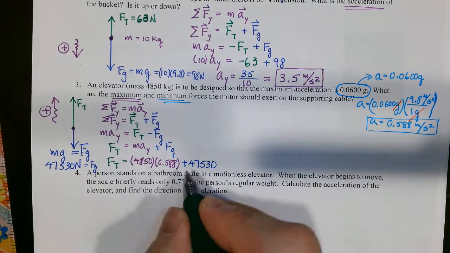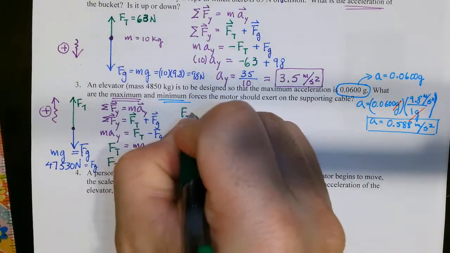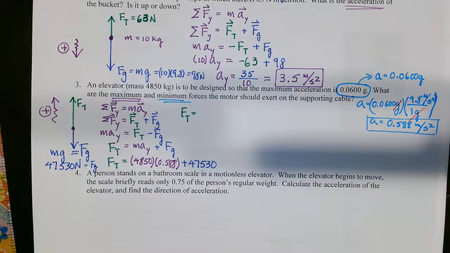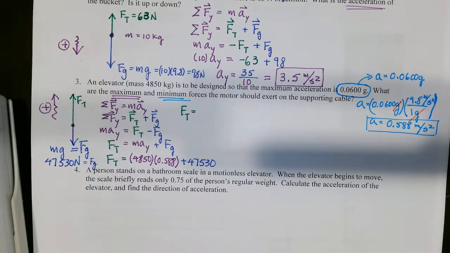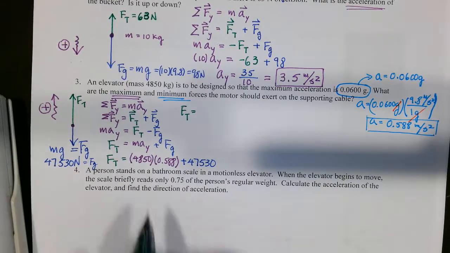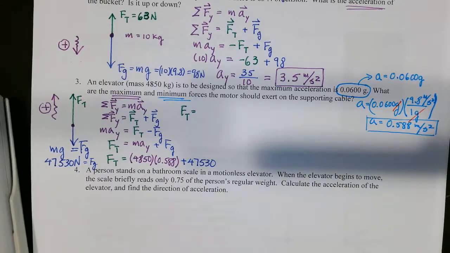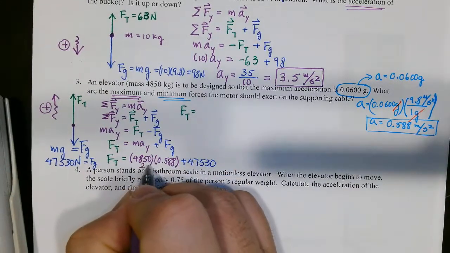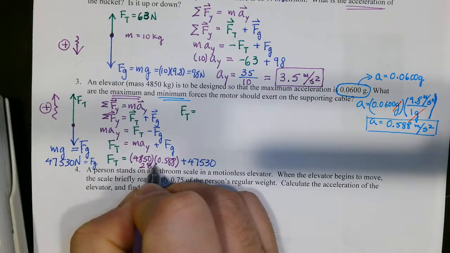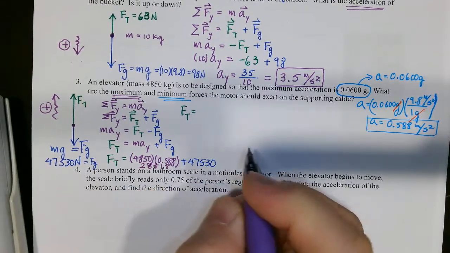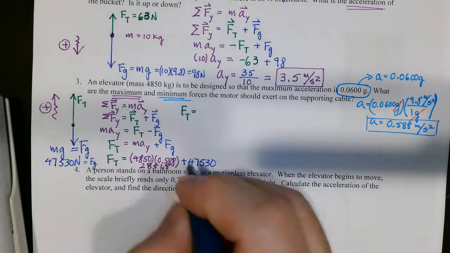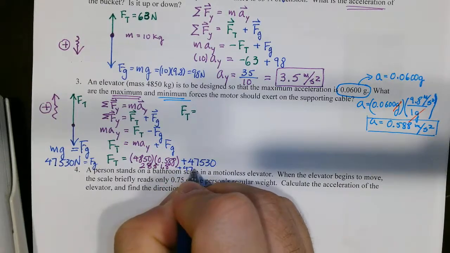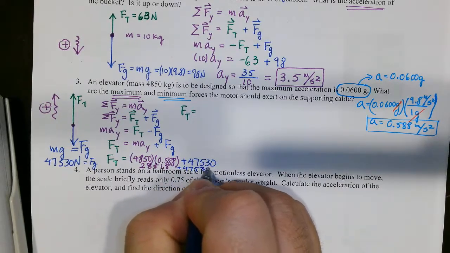So my force tension here is equal to, let's see what it is. 4850 times 0.588, and this becomes 2,851.8, plus 47,530.